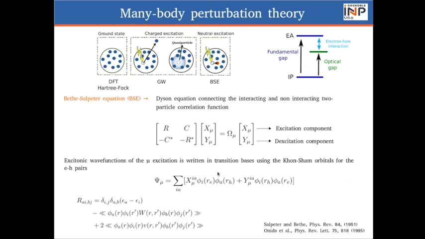And then starting from the Dyson equation that connects the non-interacting to the interacting particle correlation function, we write the Bethe-Salpeter equation, which is written here as an eigenvalue problem, where omega is the excitation energy and X and Y are the excitation components of the excitonic wave function, which is written in terms of electron-hole pairs using again the Kohn-Sham orbitals.